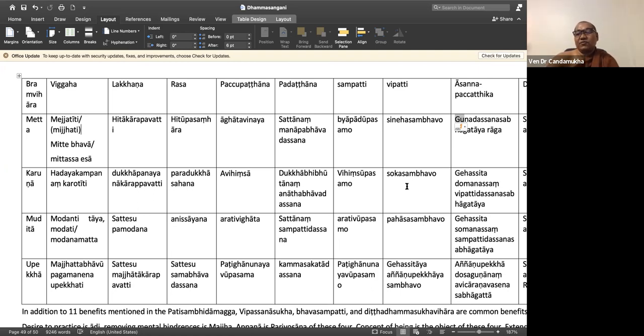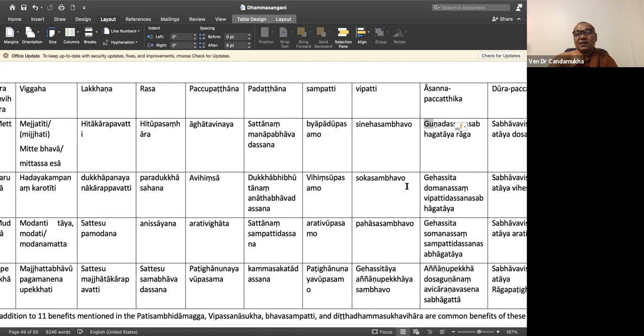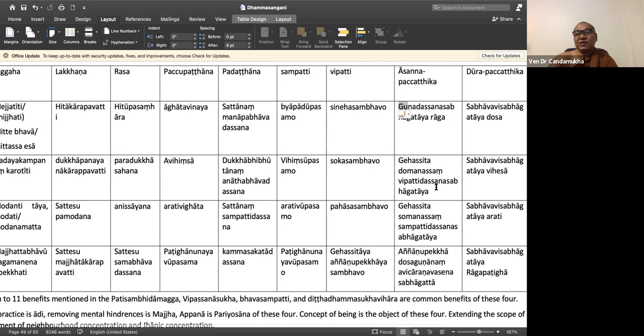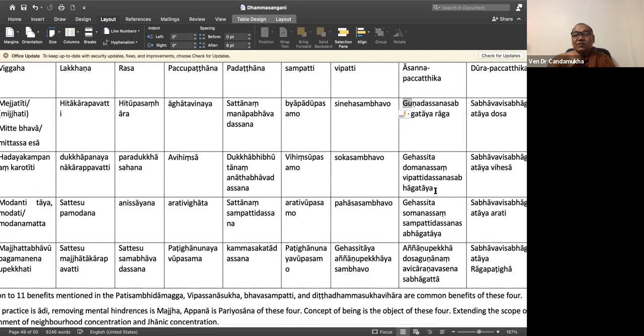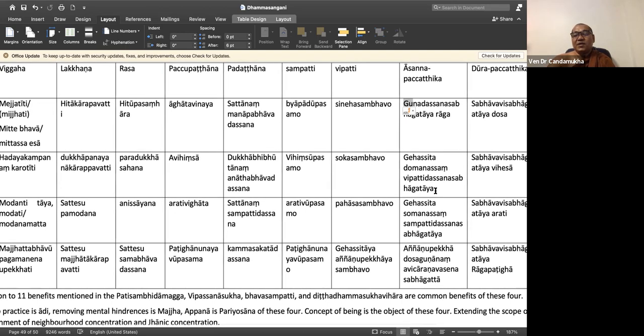So we are practicing karuna. Then the close enemy is domanassa. Domanassa may arise while you are practicing karuna, because of vipatti dassana, which shares a similar nature. Sabhaga means sharing the same nature. What nature do domanassa and karuna share?